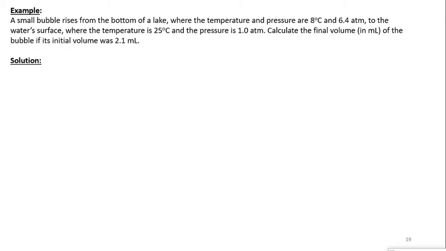Now let's look at another example. A small bubble rises from the bottom of a lake where the temperature and the pressure are equal to 8 degrees centigrade and 6.4 atmospheres. So my T1 is equal to 8 degrees centigrade and my P1 is equal to 6.4 atmospheres, to the water's surface where the temperature is equal to 25 degrees centigrade.